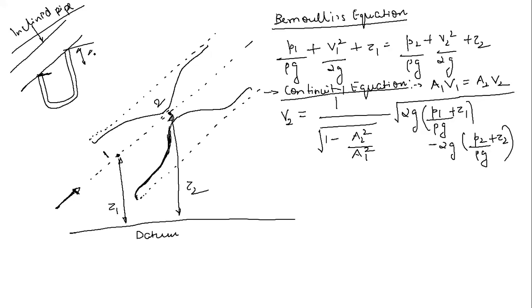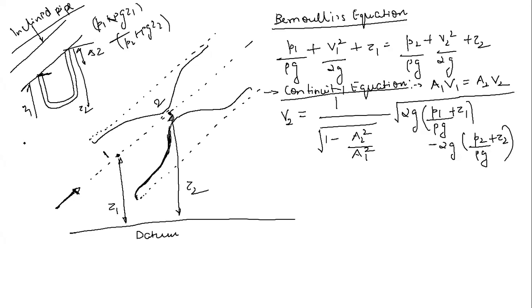Here we took this difference as delta Z, and we said this is your Z1, this is your Z2. So we call this term the piezometric head or piezometric pressure. We took this term P1 plus rho G Z1 minus P2 plus rho G Z2. That was the piezometric pressure.